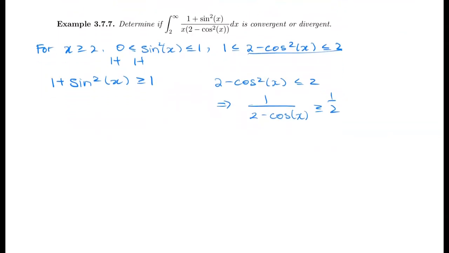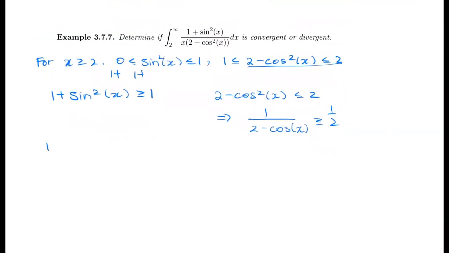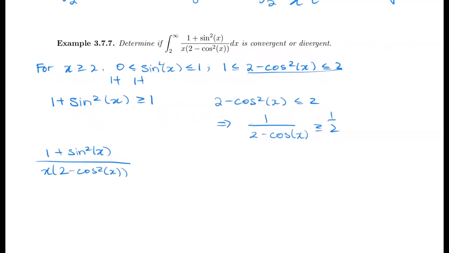Okay, so now we say that 1 plus sine squared of x divided by x times 2 minus cos squared of x is going to be larger than 1 divided by 2 times x.